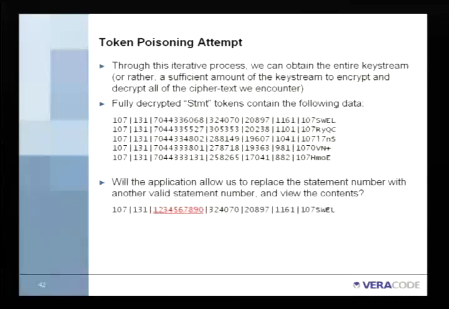So statements was the first thing we looked at. And the fully decrypted statement tokens were structured as follows. If you remember from the earlier slide, values with specific delimiters. So we have a bunch of numbers separated by pipes, and that's probably what the application is parsing on to break down those particular fields.